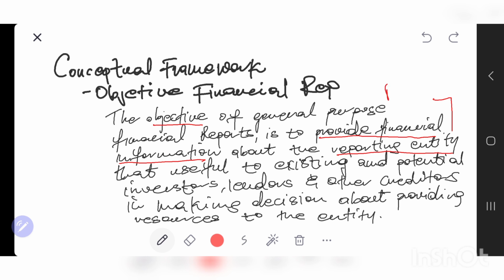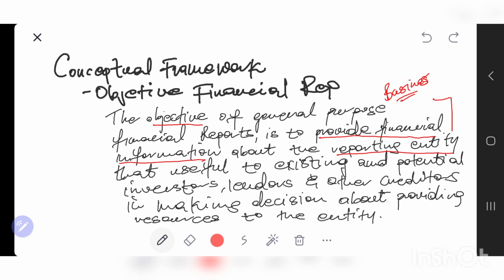The reporting entity is the business you are preparing financial statements for. For example, if you are working for MTN as an accountant, then you are preparing financial statements for MTN. The reporting entity there is MTN. So you are trying to provide financial information about MTN, the reporting entity.